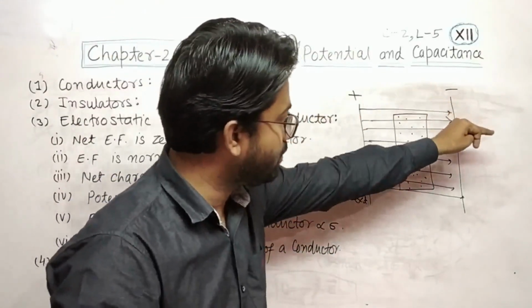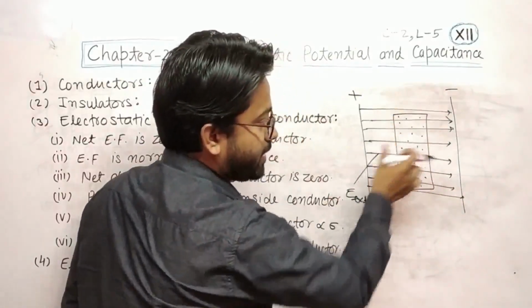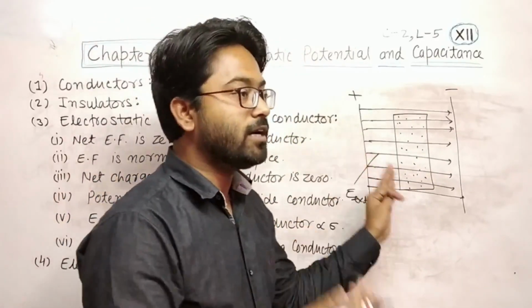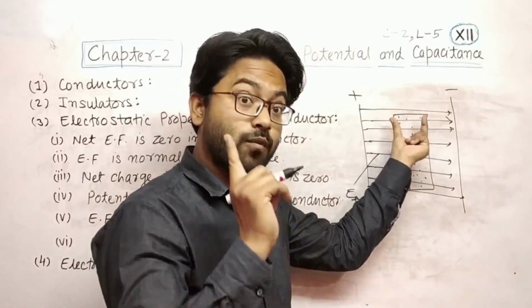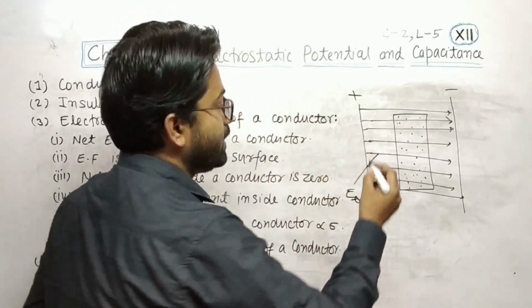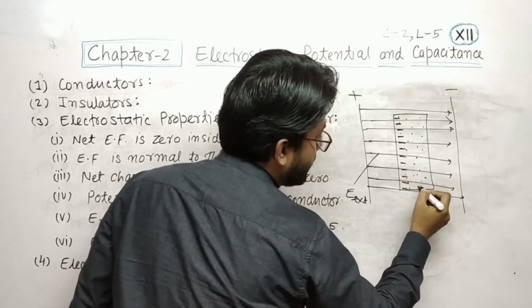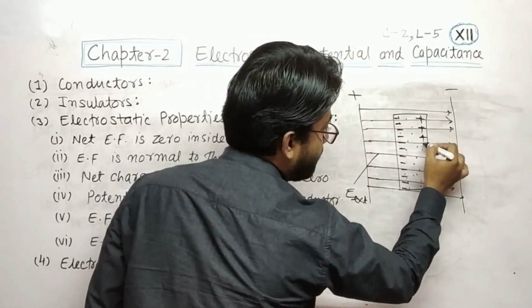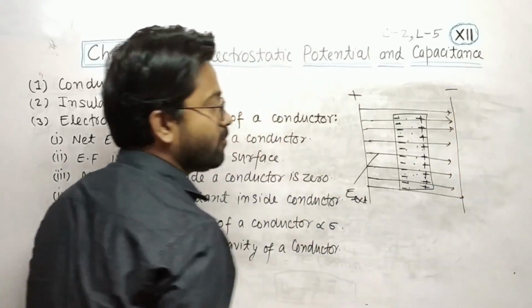If the conductor is placed in an external field, there will be a movement of the charges. That means the free electrons inside the conductor will tend to move toward the positive plate. So the conductor will have negative charge toward the positive external plate, and the same amount of positive charge toward the negative plate.